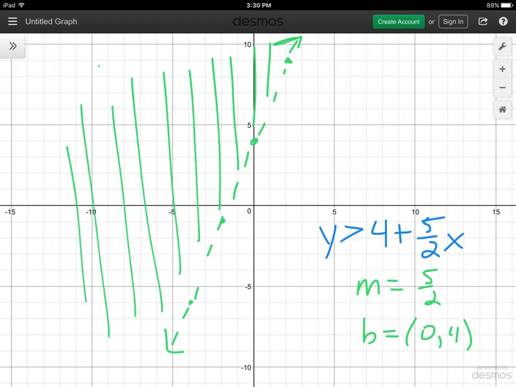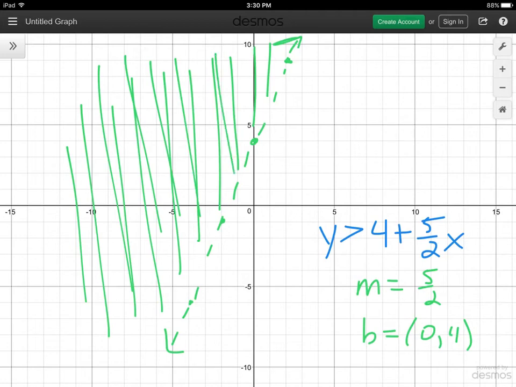Okay, so it's very easy to check the solution. I'm going to use the same coordinate because it looks like it's in the shaded area again. So I'm going to test the coordinate negative 5, 0. The y value is 0.